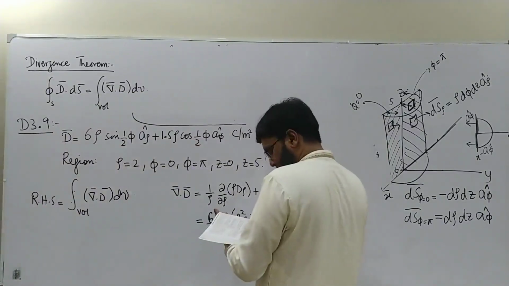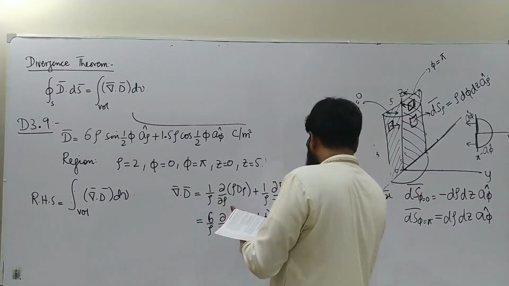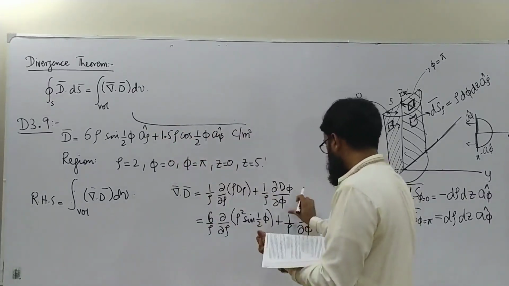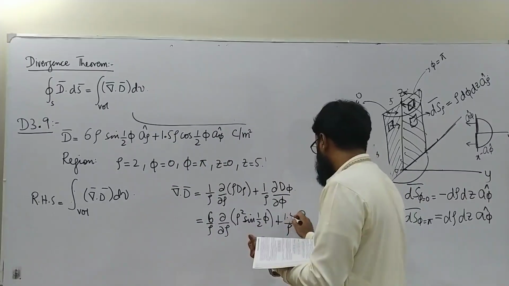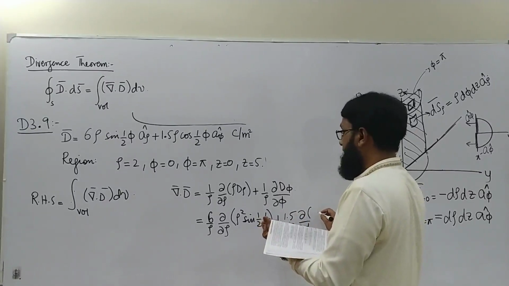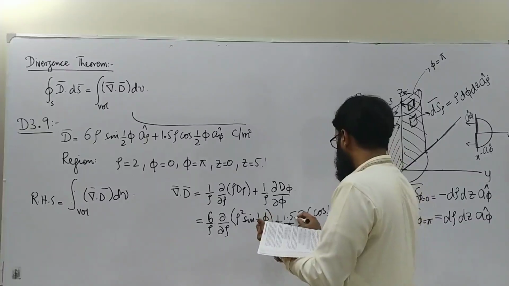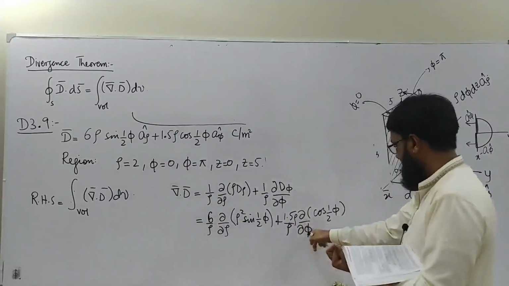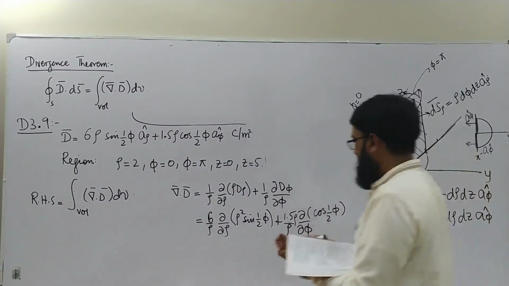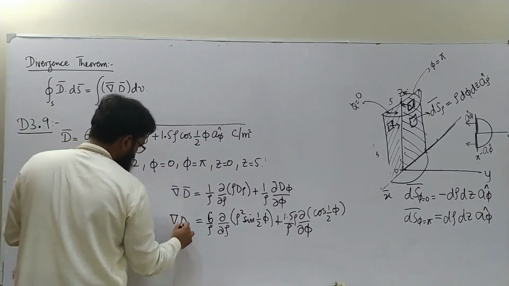And 1 upon rho times the partial derivative with respect to phi of the phi component, 1.5 cos half phi. I can take 1.5 out, write cos half phi alone, and take the rho outside because this is a partial derivative. I hope I am not missing anything. So this is the divergence of D.